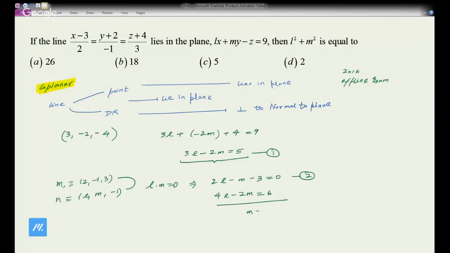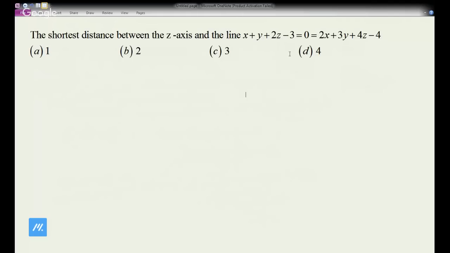So if you solve that, M will come out to be 1, and L is also coming out to be 1. So that's it. The answer is, you can understand that in 2016 offline, both the questions were repeated and both of them were really very simple.